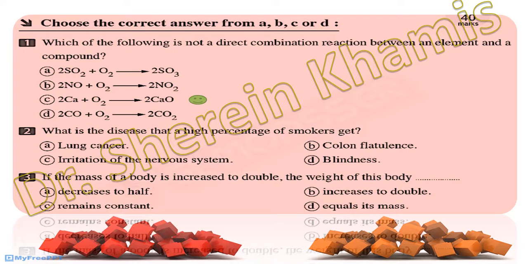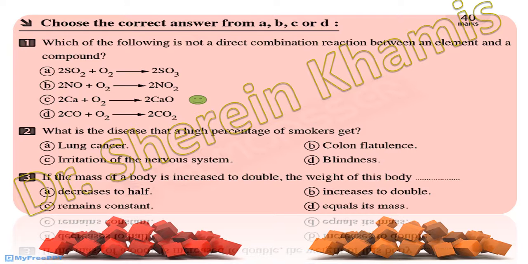We have here element and element, calcium and oxygen, so it is not the right answer. All of the others are compounds: SO2, NO, and CO. All of them are compounds that react with oxygen, but the only one that is an element reacting with oxygen is calcium. Let's go into question 2.